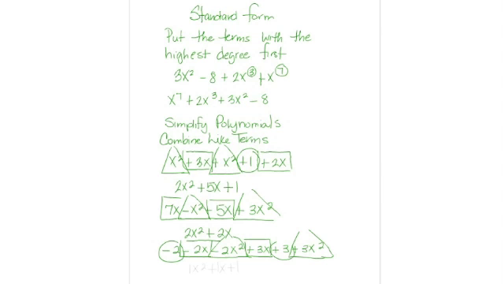So I've got everything taken care of. Now I'm going to combine the items that are the same. So I've got a positive 3x squared and a negative 2x squared. So that, in my integer rules, equals 1x squared. Then I've got negative 2x's, and I've got positive 3x's.